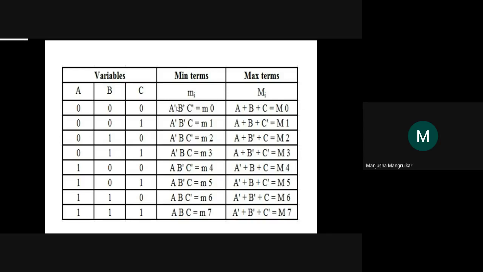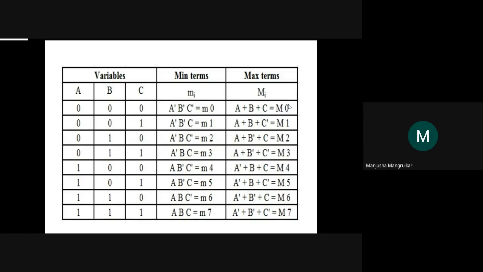So this is the sum of product term. In a product of sum, even though A is 0, there is no complement. It is A or B or C. Right? Here A complement and B complement and C complement. Capital M0 is denoted by pi, and this is a product of sum.